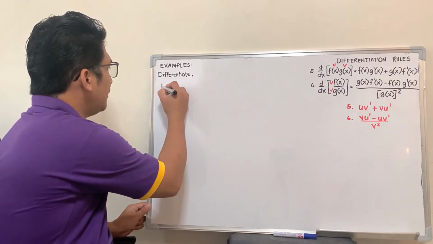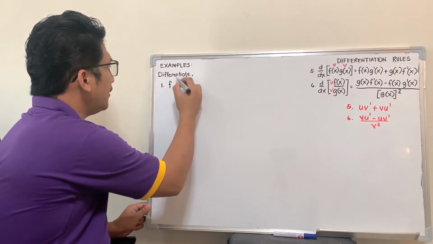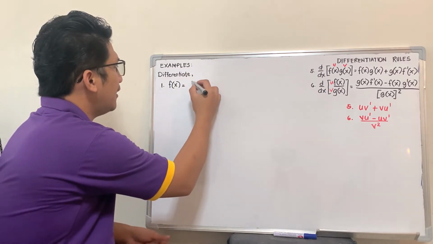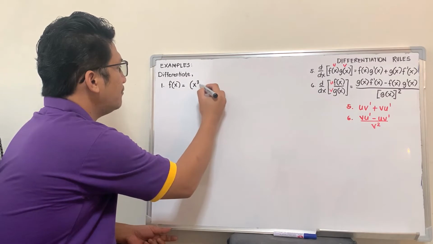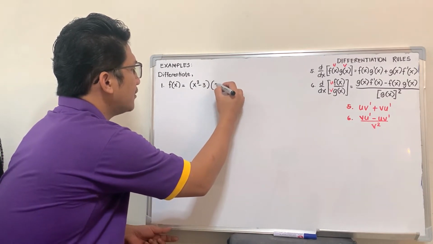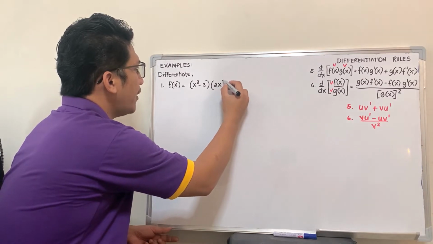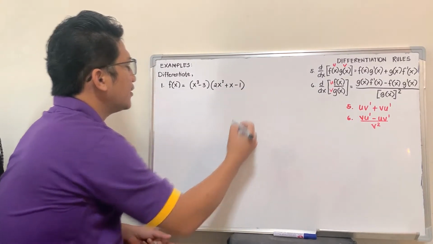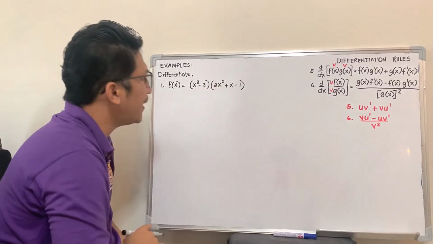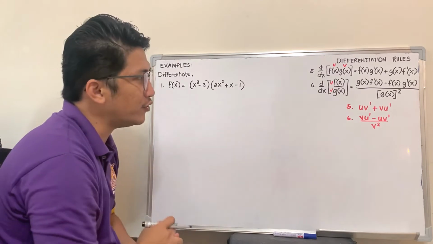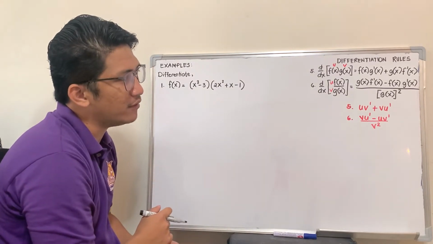Example number 1. Let's say the function f of x is equal to x cubed minus 3 times 2x squared plus x minus 1. Okay? So actually, pwede rin na siyang i-expand, i-multiply, and then you apply the other basic four rules in the previous video.